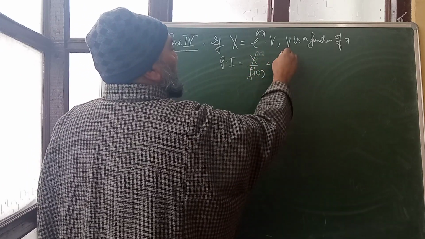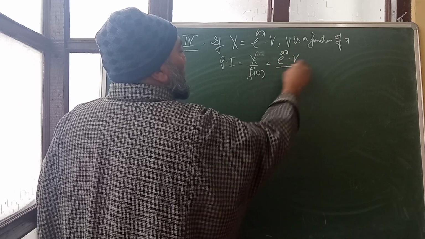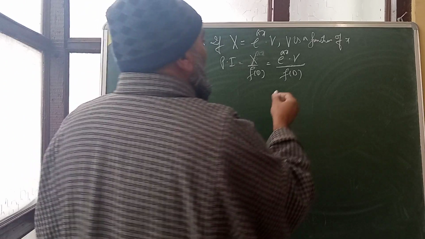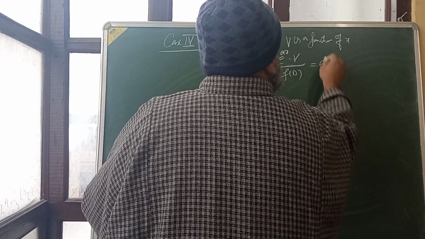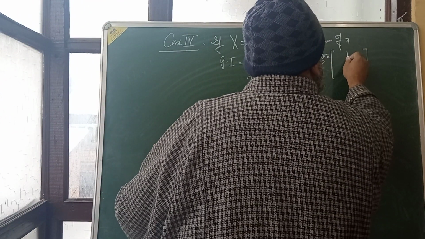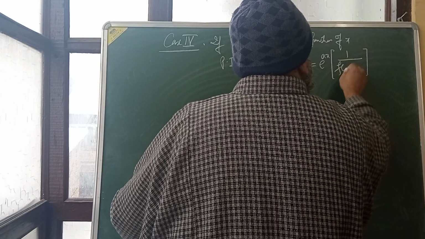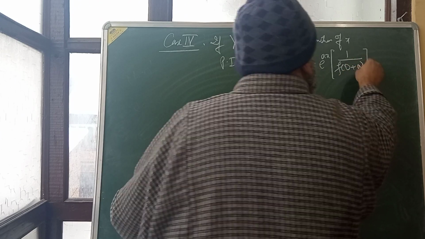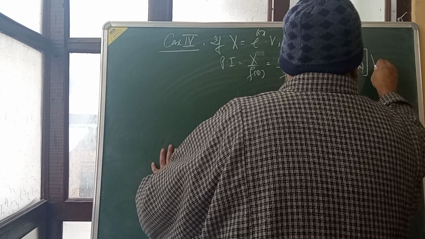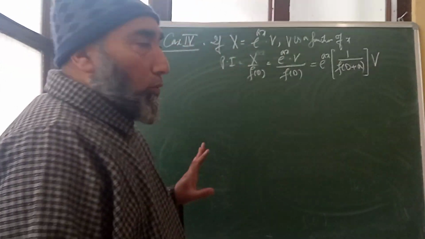X is e to the power ax into V, a product of two functions, over f(D). This is nothing but you are taking e to the power ax out. The factor that remains is f of D. Instead of D, you replace D by D plus a, and whatever the function is, it operates on V. This is the rule.